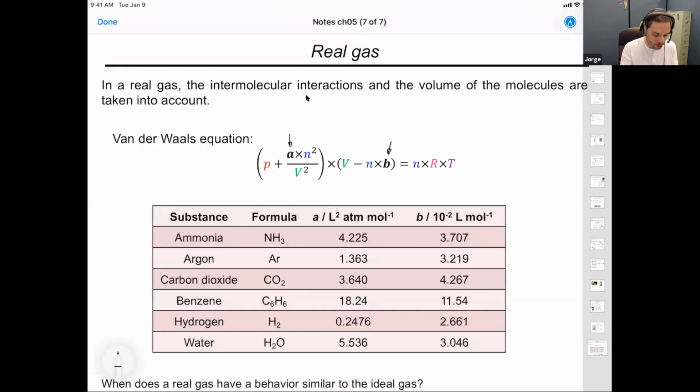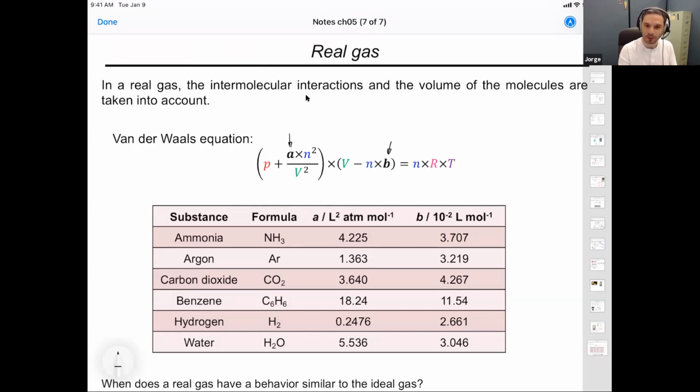a corrects for the pressure and is directly correlated with the ability of the gas molecules to interact with each other. b corrects for the volume, and it is intimately related to the size of the gas. Okay, the larger the gas molecule, the larger the b parameter will be.